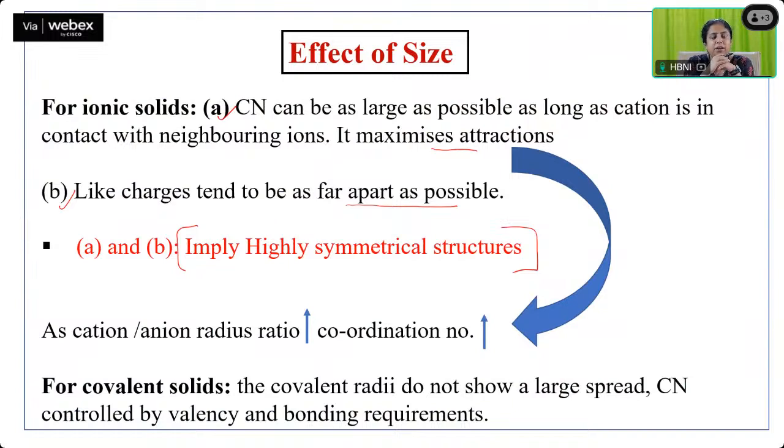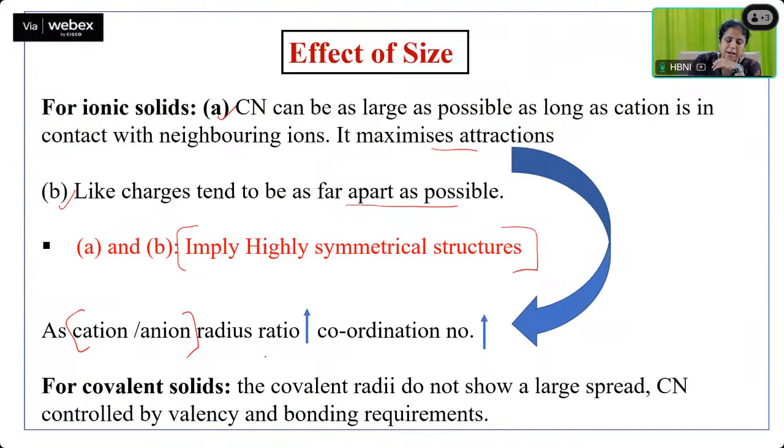Now, how high is really high? What number could it adopt? That depends upon the relative size of your cation and anion. The bigger the cation, the more anions it can accommodate around it. The smaller it is, the fewer anions it can accommodate.